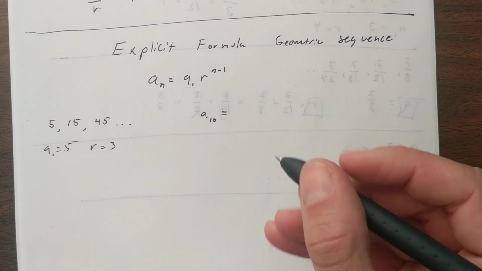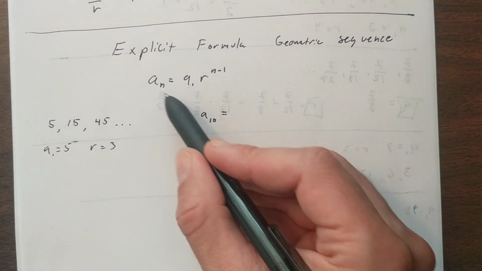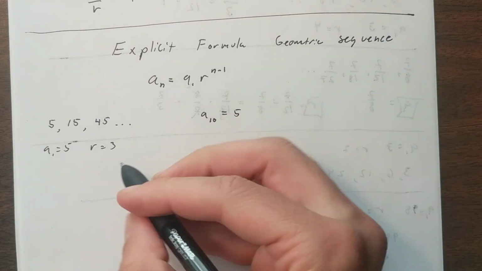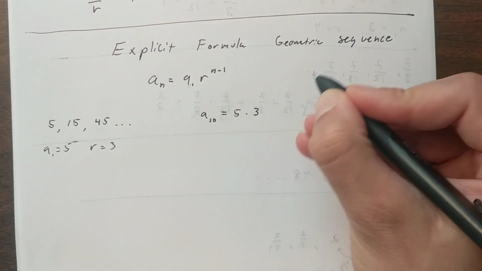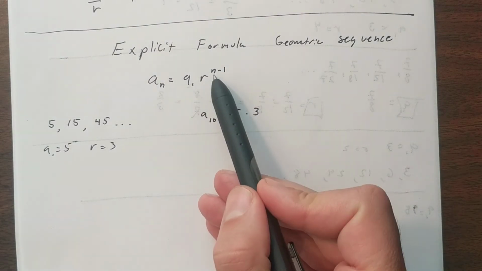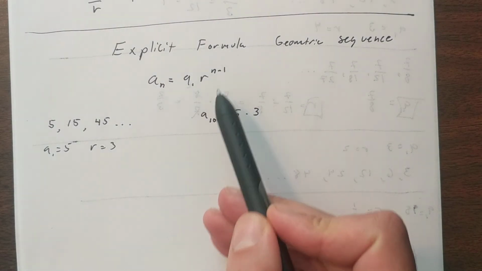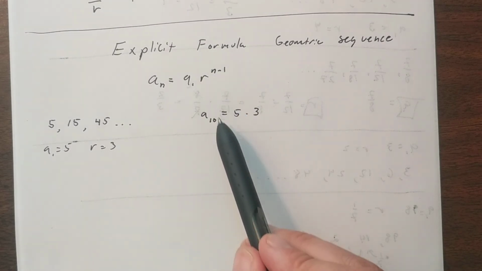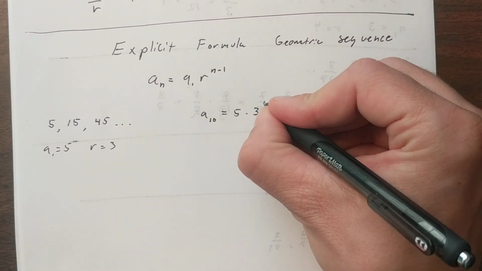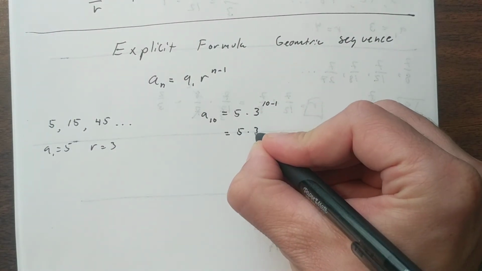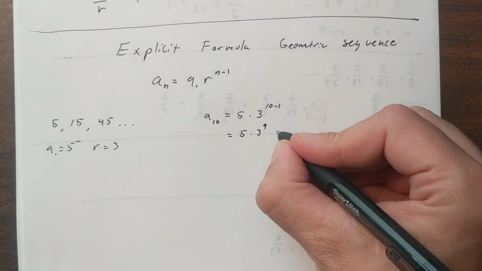How would I figure out the 10th term down the road? Using my explicit formula, the 10th term is going to be my first term, which is 5, times my rate, which is 3, to the power of n minus 1. Since I'm looking for the 10th term, the n is in fact 10. So I'm going to do 10 minus 1 here. This is going to be 5 times 3 to the 9th.